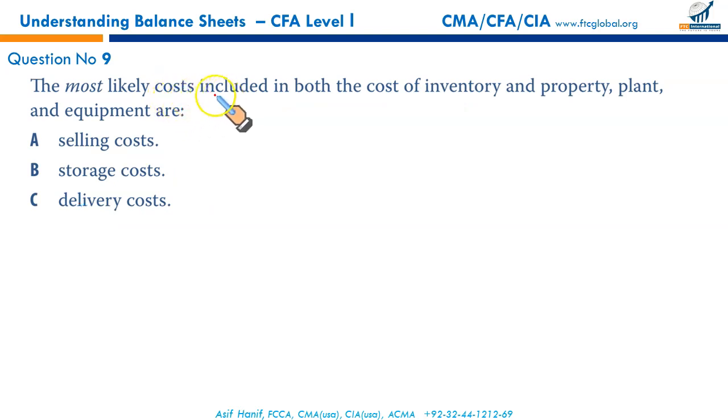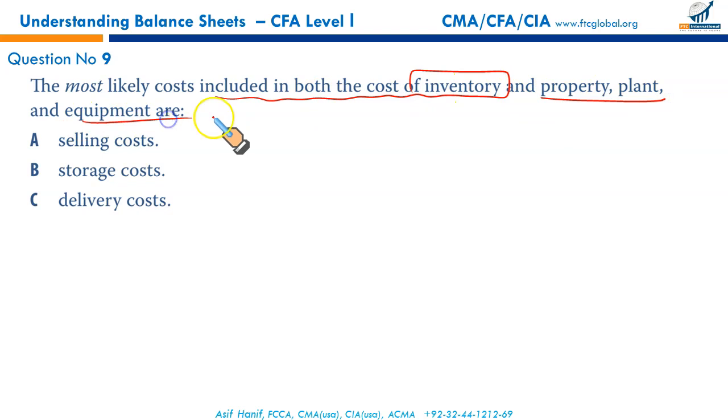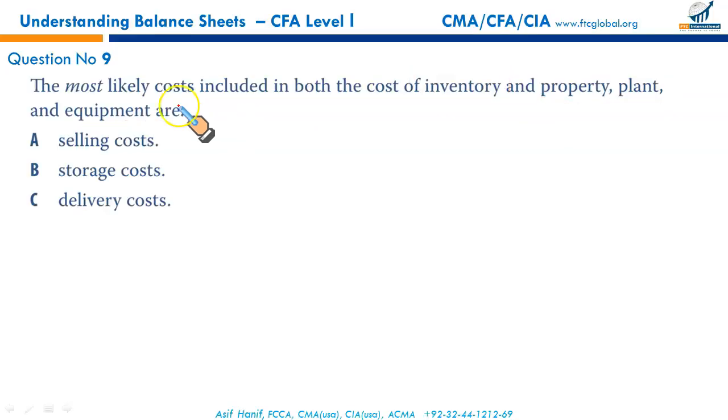The most likely cost included in both the cost of inventory and property, plant and equipment is... Selling cost. Selling cost is a period cost. It is incurred as an expense in the period it is incurred. Storage cost, it is considered as a period cost. This is a very fine point, normally CMAs would know.